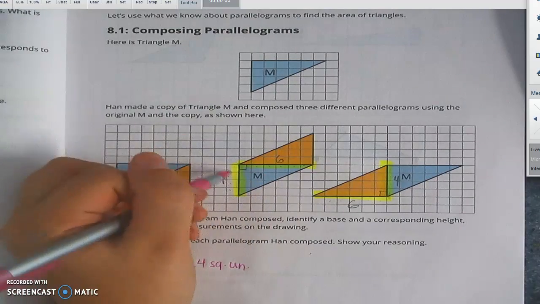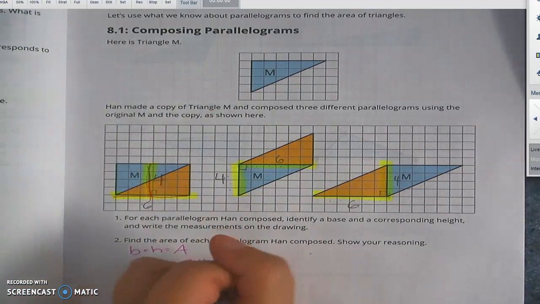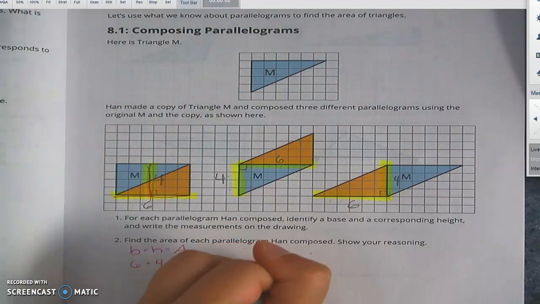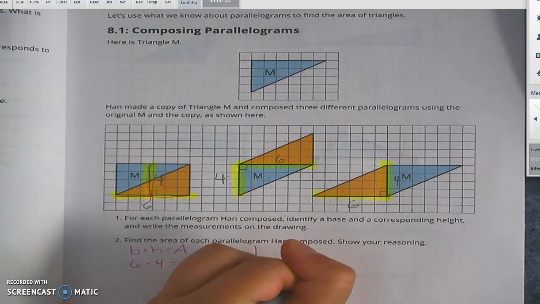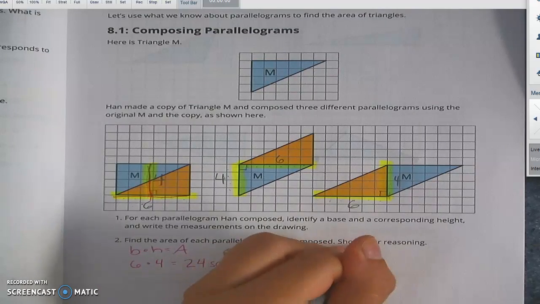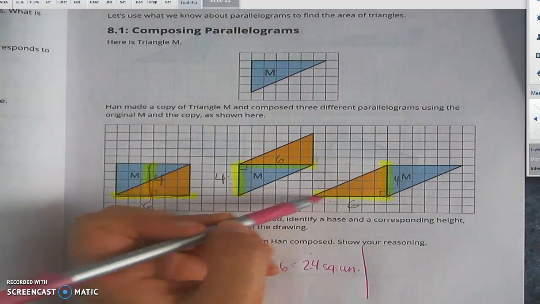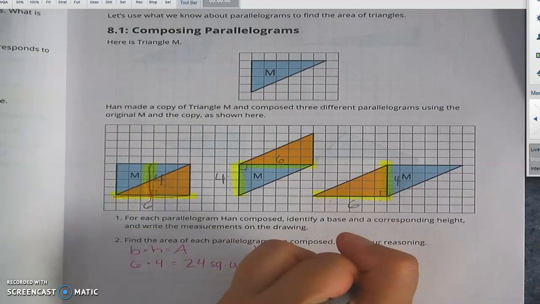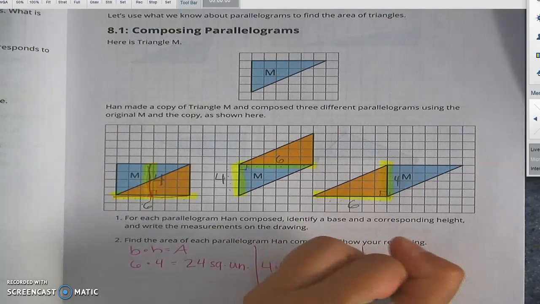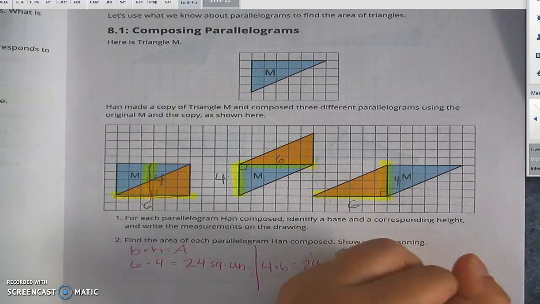This one, my base is 4 and my height is 6. So for that second one, I'm going to do 4 times 6 equals 24 square units. And for the third one, my base was 6 and my height was 4 again, so 6 times 4 equals 24 square units.